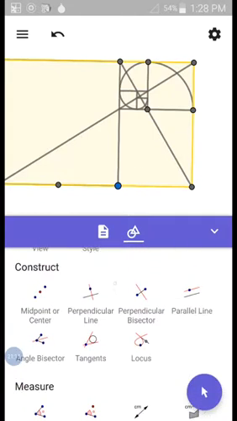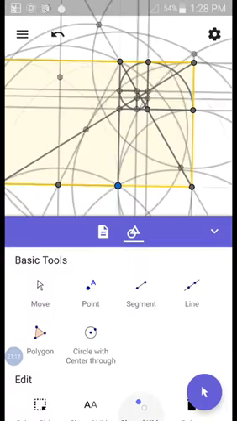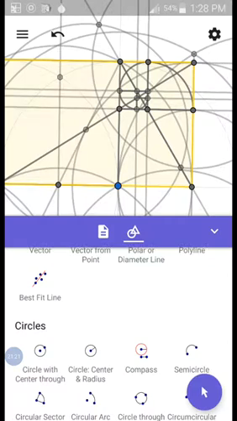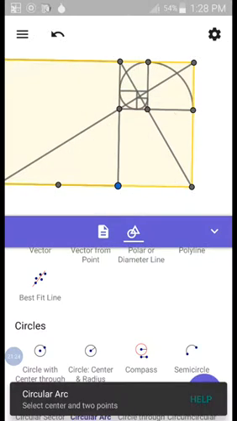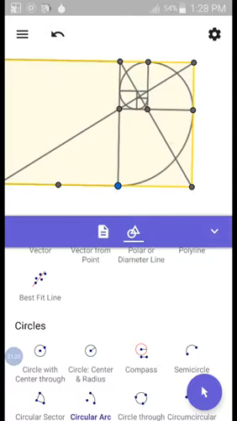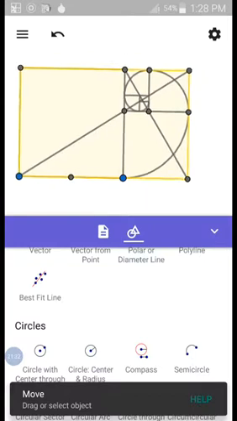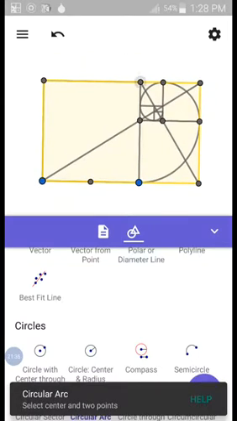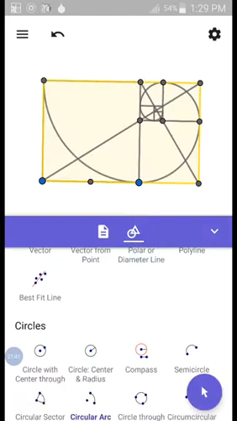Found another point that I need. All right, that's kind of interesting, don't you think?